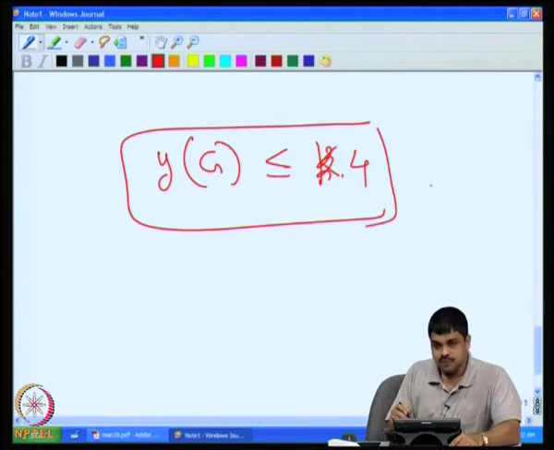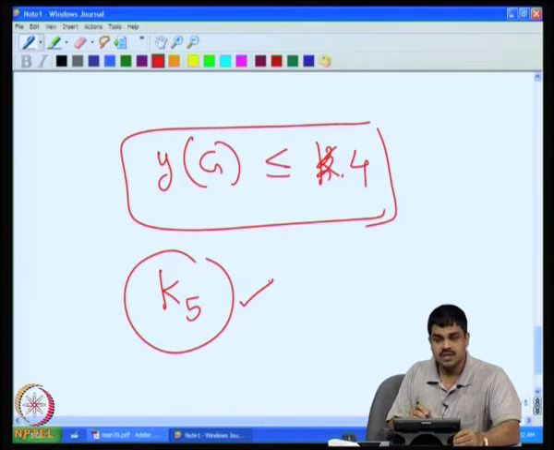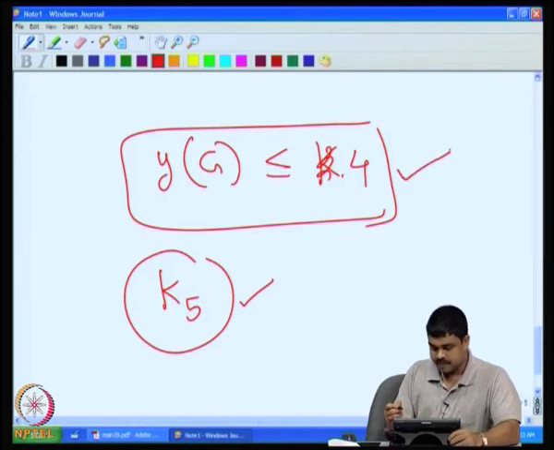Because if you get a K5 or more from a planar graph by contracting, it means that, because the contraction operation retains the planarity property, K5 also has to be a planar graph, which is not true. K5 or more cannot be a planar graph. Therefore, the biggest clique minor that you can get from a planar graph is at most K4. Biggest is K4, you cannot get K5 or more.